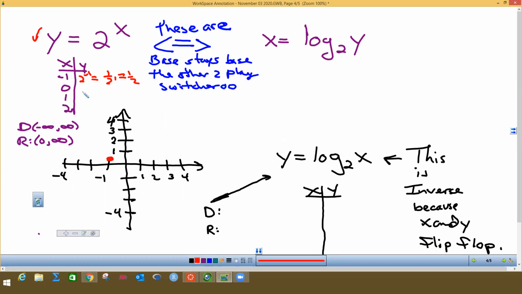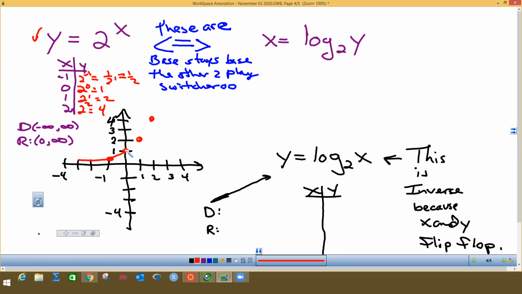You plug 0 in. Any number to a 0 power is 1, so that goes through 1. I plug 1 in there, that's 2 to the first, which is 2. So 1, 2. I plug 2 in here, and 2 squared is going to give me 4. So I go to 2 and I come up to 4, and this graph goes like this.